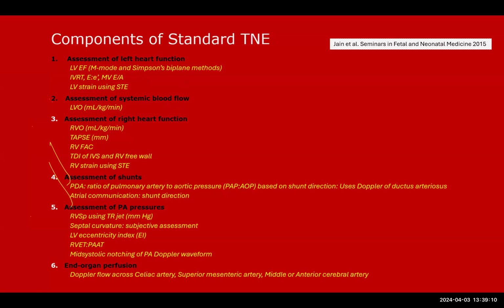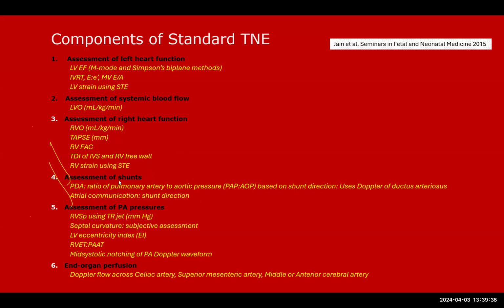Nowadays, we have way more technologies than before, in addition to the traditional markers, including the right ventricular output, TAPSE, and RV fractional area change to look at the systolic function, TDI of the IVS and RV free wall, as well as speckle tracking measuring the RV strain. These are all parameters that allow us to quantify the systolic and diastolic function.